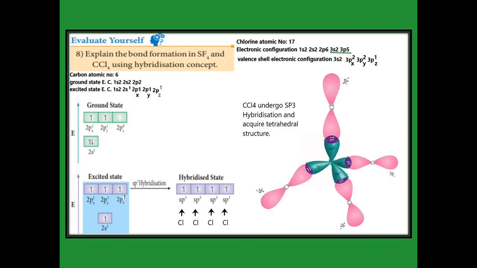Now in the excited state, how many orbitals are there? 4 orbitals, that is 1 s orbital and 3 p orbitals. They undergo sp3 hybridization and form 4 sp3 hybridized orbitals, each containing a single electron. That single electron combines with the chlorine electron of the 3pz orbital by linear overlap and forms the tetrahedral structure.